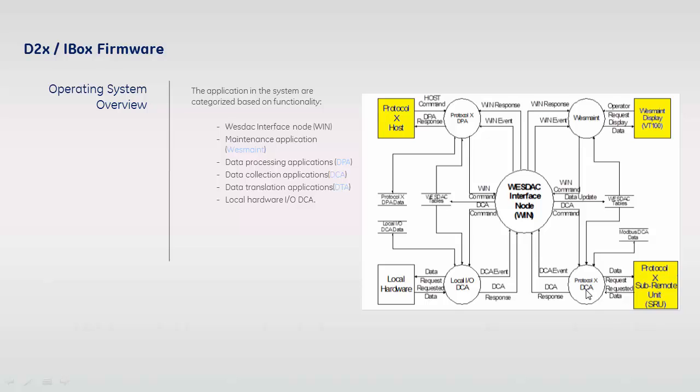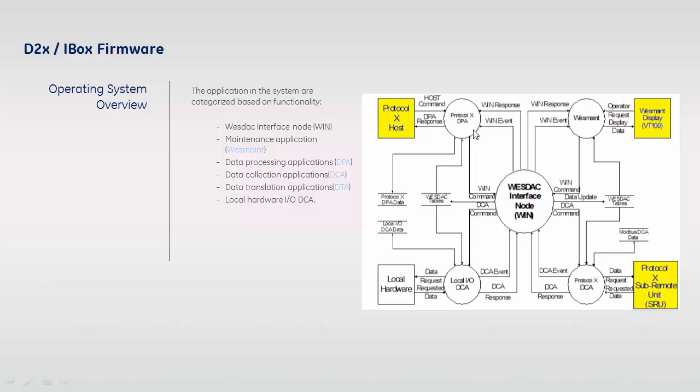Or if we've got a DMP DCA, it will communicate to a DMP device and collect all the information concentrated back into the WIN database. And then any of our data processing applications, or DPA, would take this information and provide it to any master.